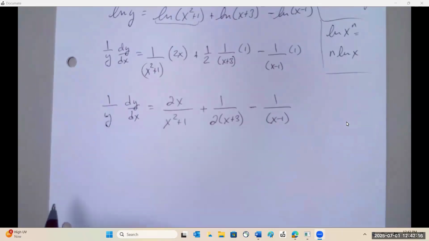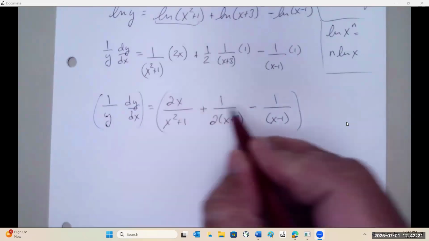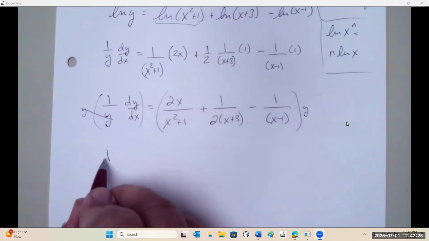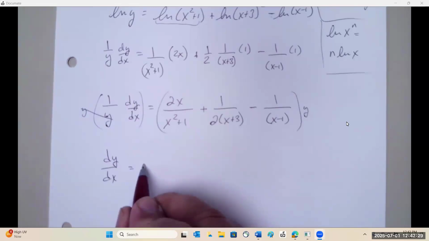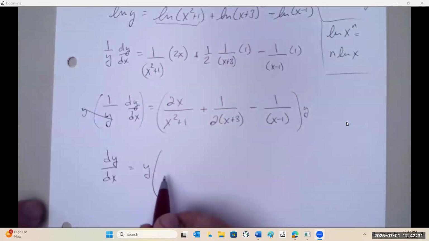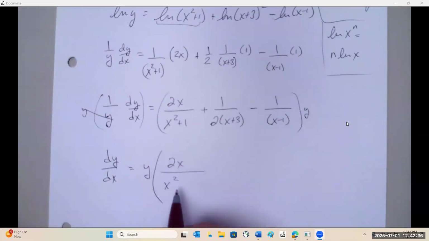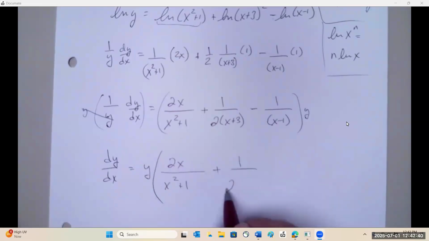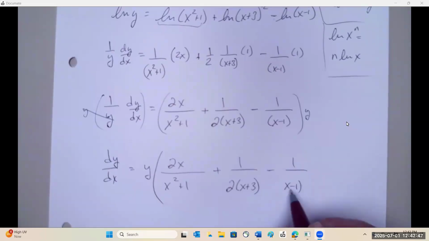Multiply both sides by y. So my derivative, dy over dx, is equal to y times this whole monstrosity: 2x over x squared plus 1, plus 1 over 2 times x plus 3, minus 1 over x minus 1.